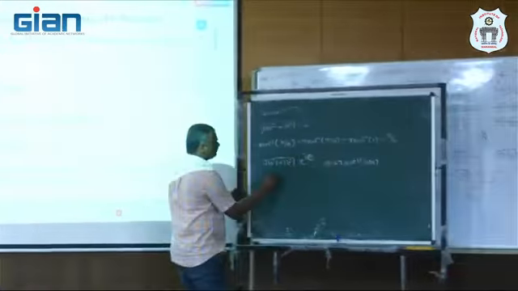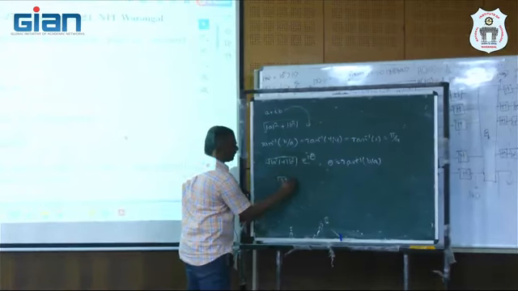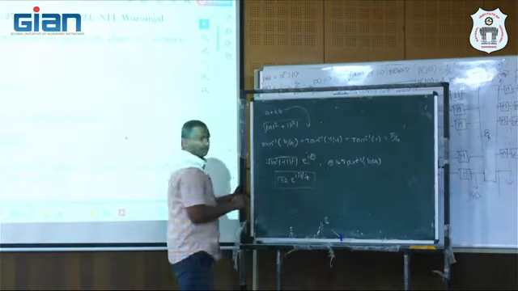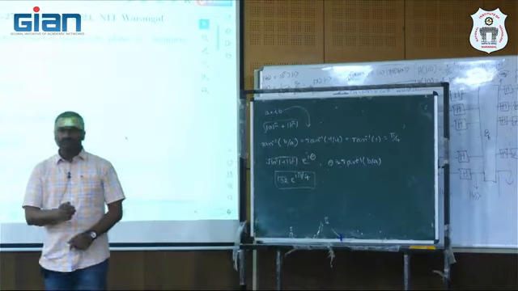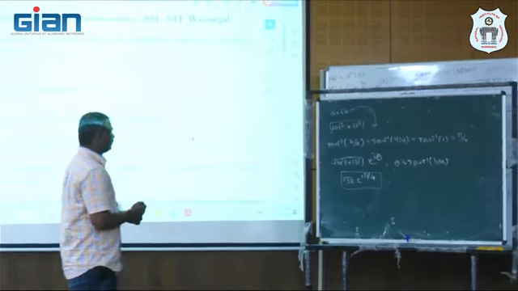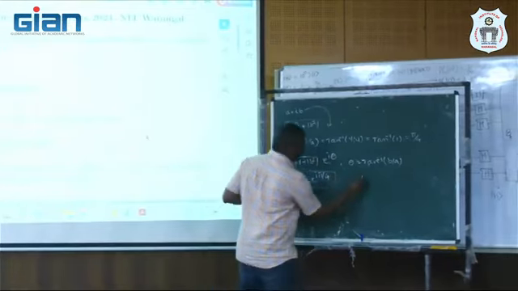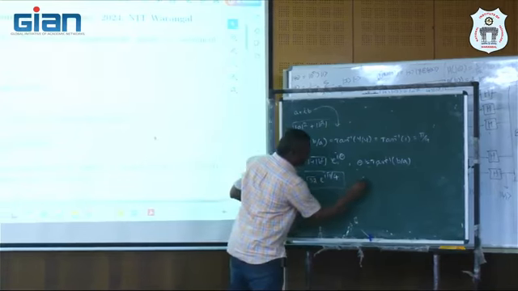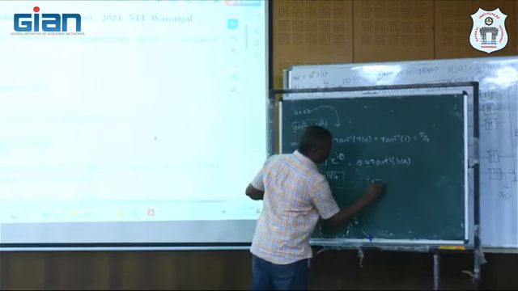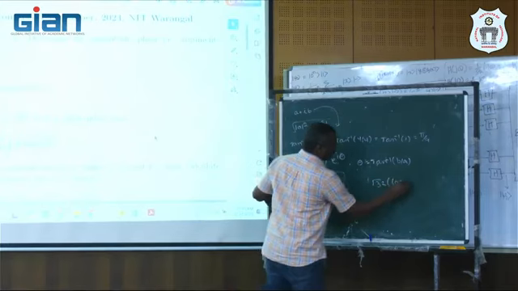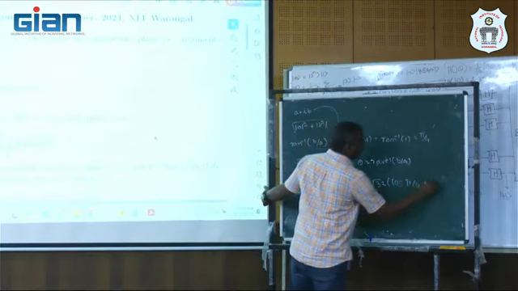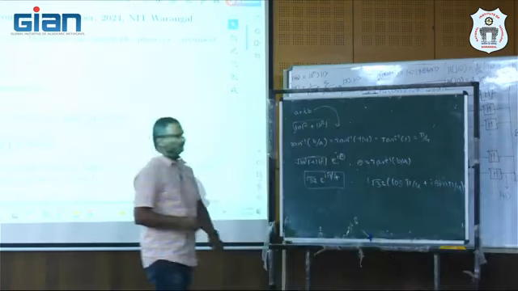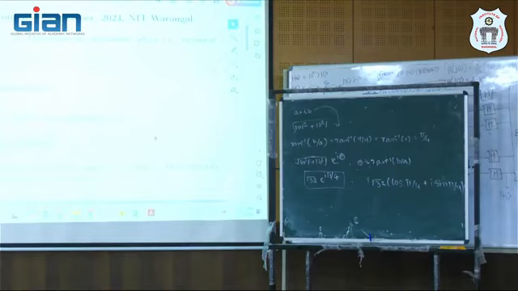So final form is square root of 32 e power I pi by 4. Sorry, cos theta plus I sin theta. This is next part. This polar form is cos pi by 4 plus I sin pi by 4. That okay? Okay.